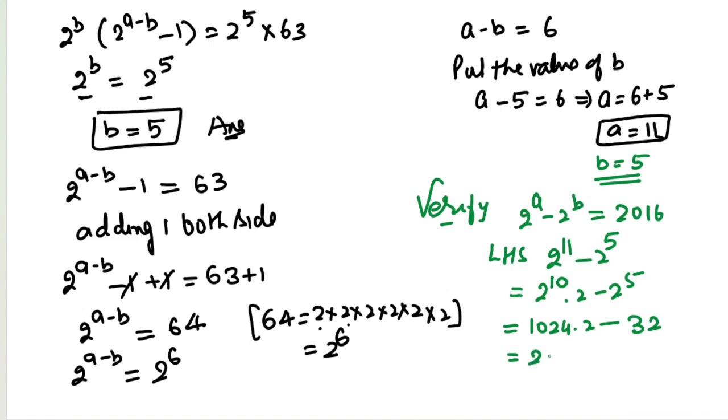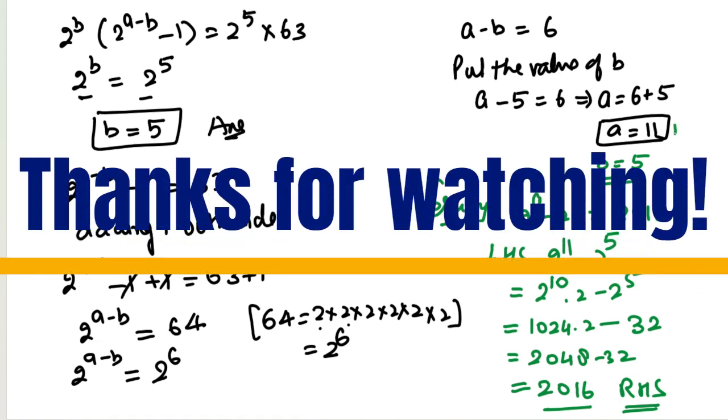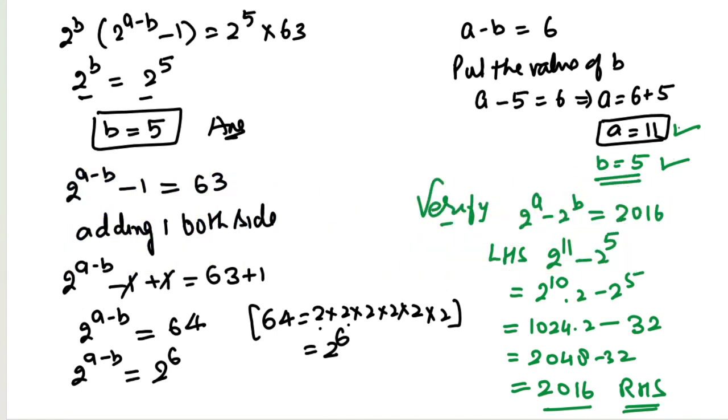Now the value will be 2048 minus 32, and when we subtract 32 from 2048, then we get 2016, and that is equal to RHS. So this is verified. So the value of a is 11 and the value of b is 5 is the answer of this problem.